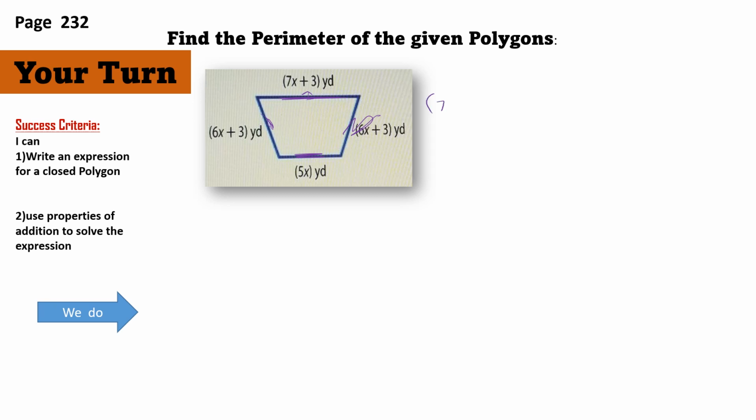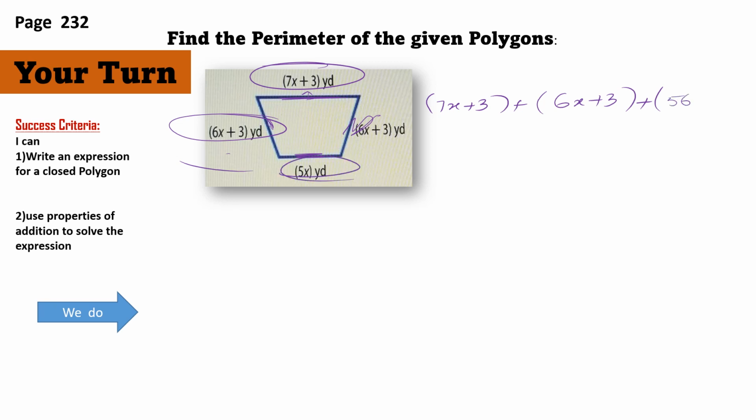First side 7x plus 3 is written here. Now what is written? Plus, because you are adding, 6x plus 3 is written. Then again you are adding, then 5x is written. Then again you are adding, and 6x plus 3 is written.